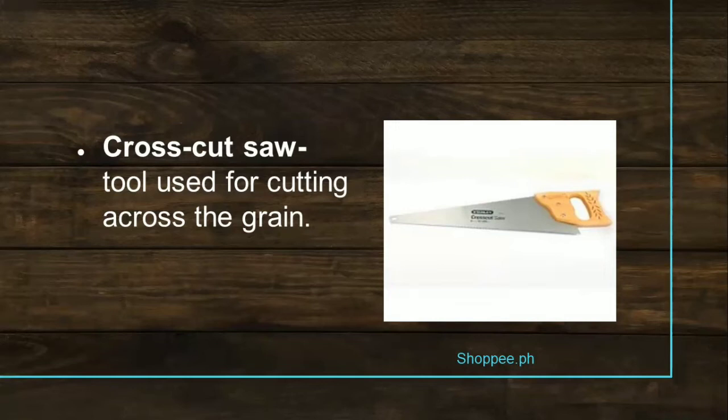But we have another saw, class, so you might get confused. Again, take note: the crosscut saw is a tool used for cutting across. The word across must be noted, because later on you might get confused. Again, crosscut saw, across the cut.